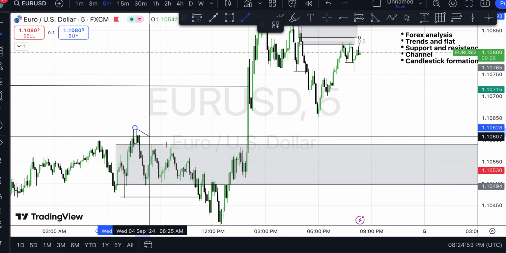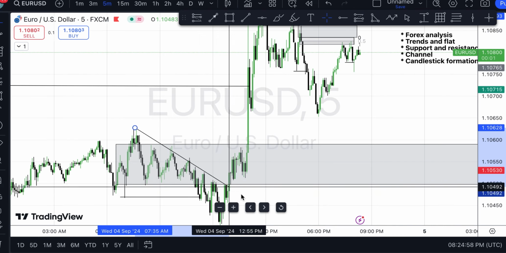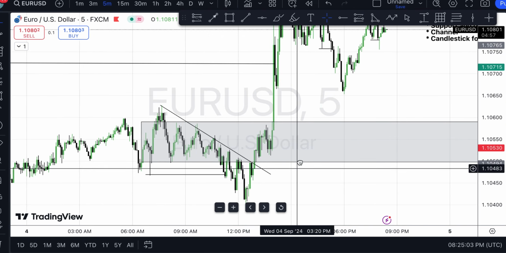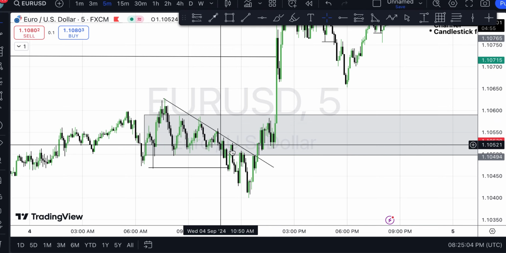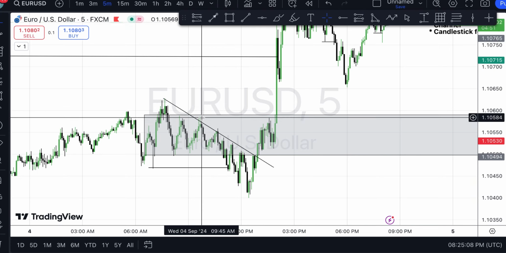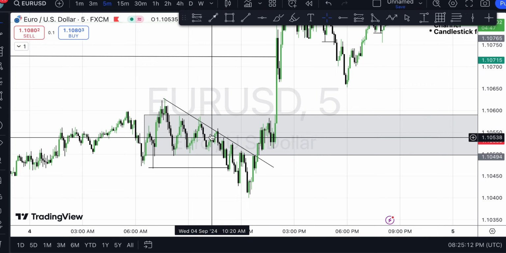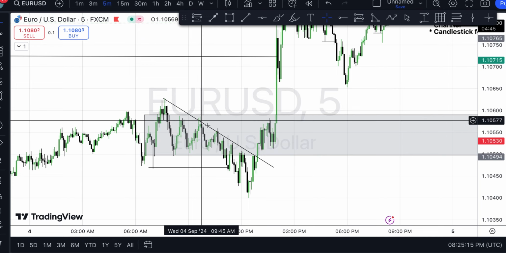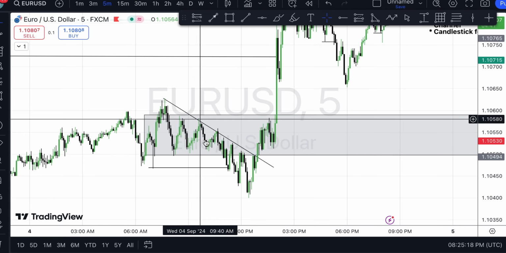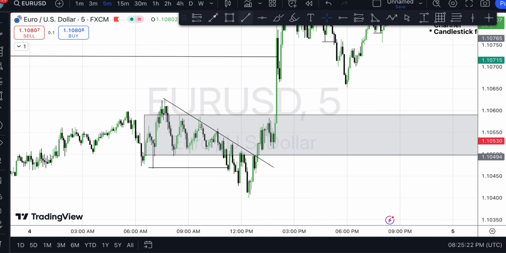You see from here, because it's going down, this is a downtrend. See, each high doesn't go above the old high. So this is an example of a downtrend.